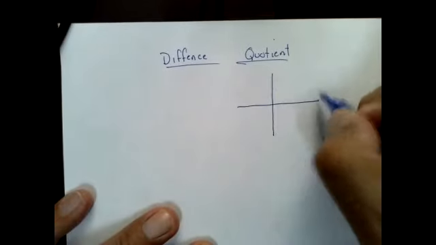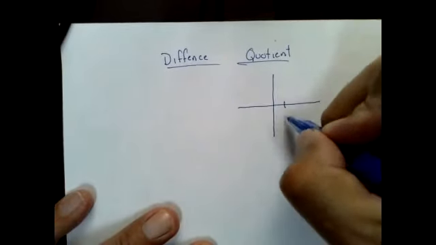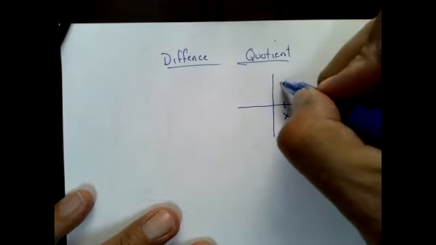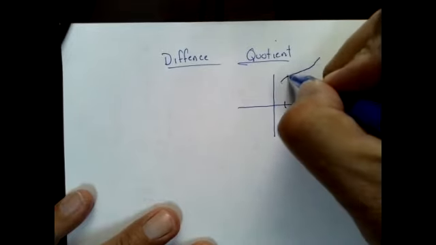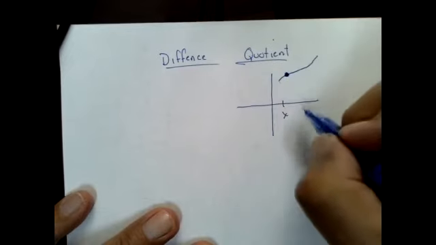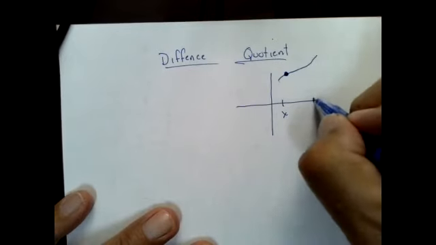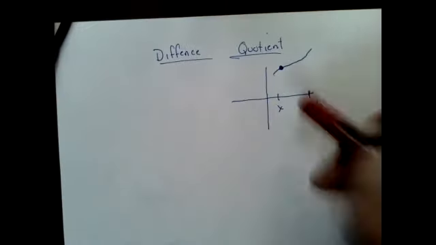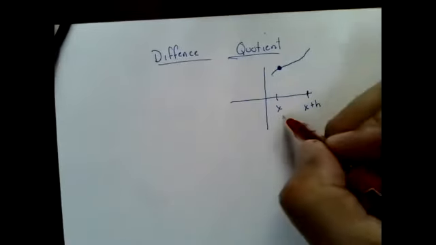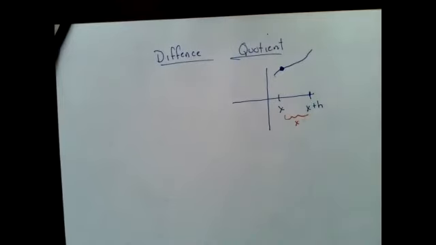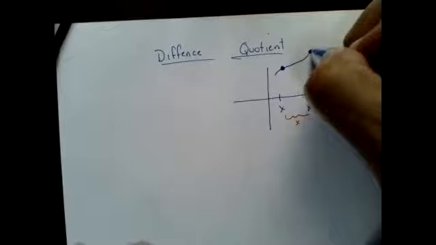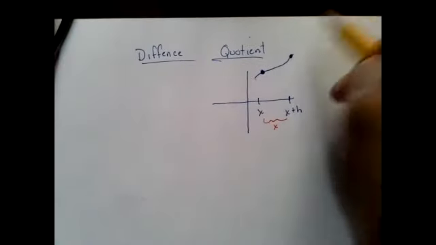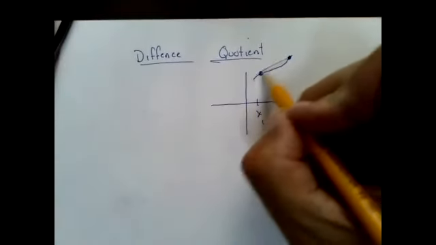The difference quotient was when I had an X value on a graph, and let's say my graph goes something like this. And I went over a certain distance to here, and I had a new X value. And that distance I went over was H, to this point on the graph. And I wanted to say, what is that average rate of change?